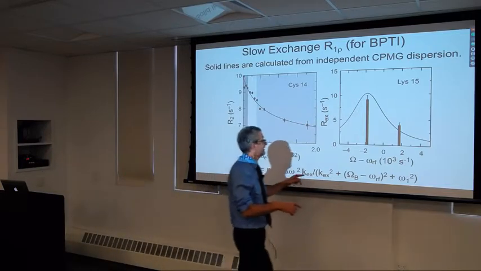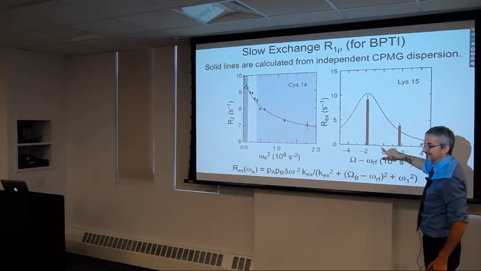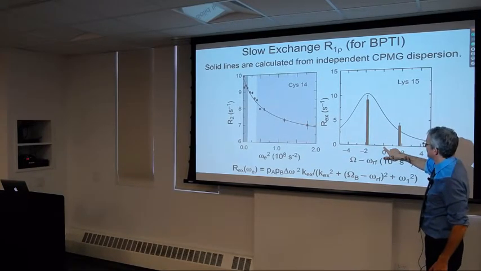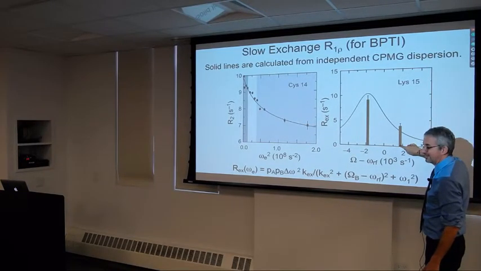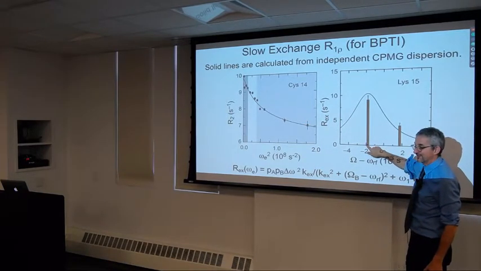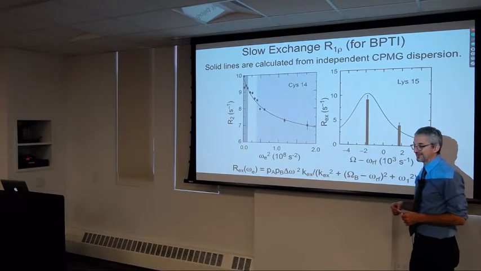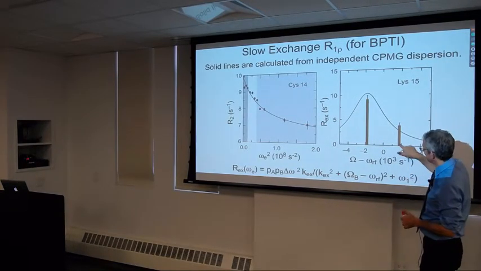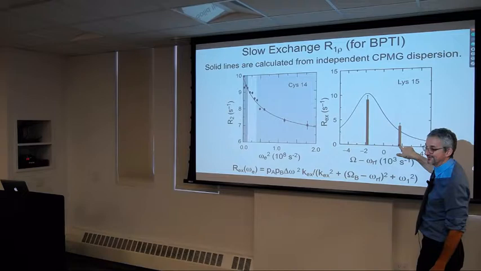So here are 2 values. 0 is the observed peak. Here we made an R1ρ measurement offset by a little less than 2 kilohertz to one side, and then we made the measurement offset by 2 kilohertz on the other side. In the fast exchange limit, these two measurements should be identical. Outside of fast exchange, the largest rate should occur when you're on resonance with the minor species.